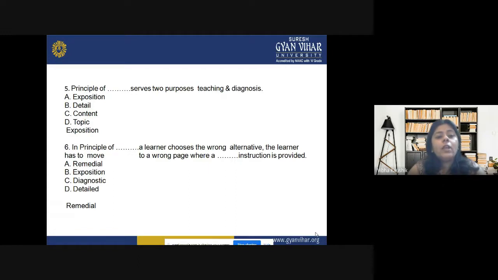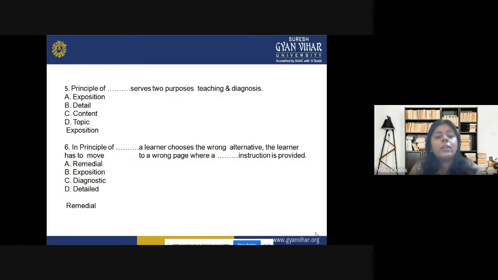Now the fifth one: principle of dash serves two purposes, teaching and diagnosis. Which principle will serve these two particular purposes, teaching and diagnosis?